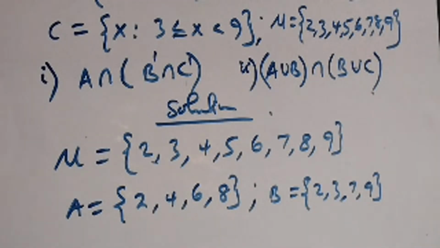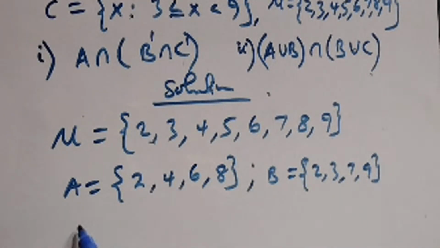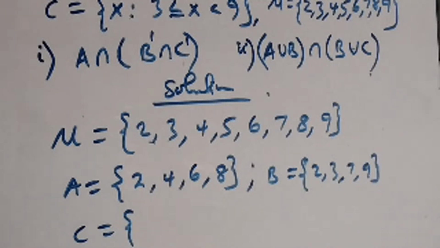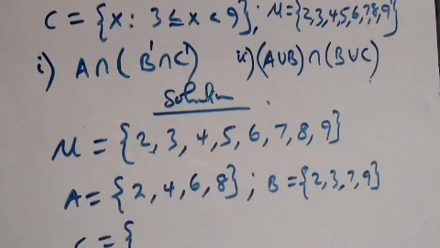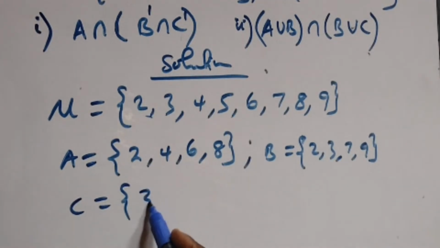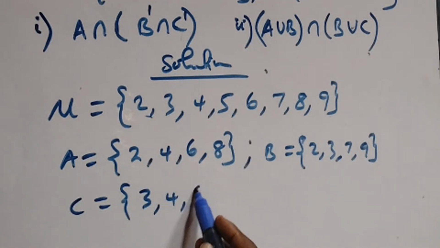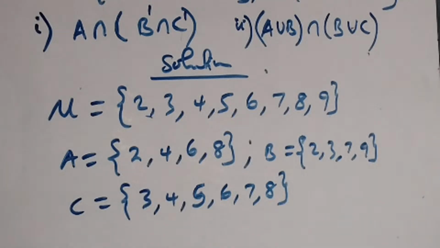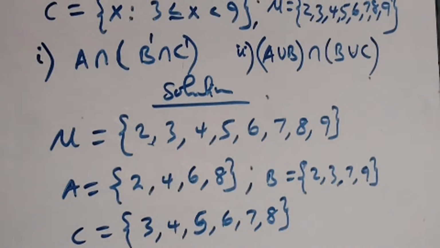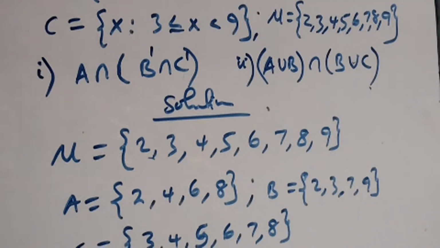Then set C is not given directly, it's described with set builder: 3 ≤ x < 9. So 3 will be part. That's 3, 4, 5, 6, 7, 8. 9 is not there because it's strictly less than 9. Okay?